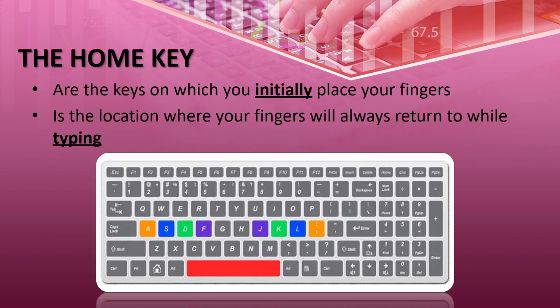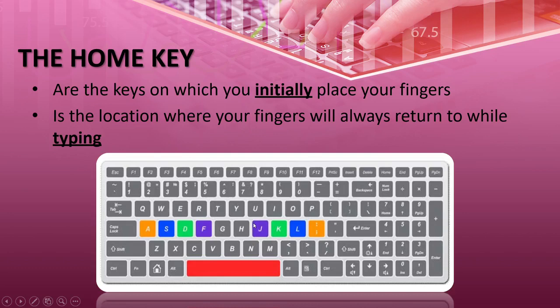For example, we are typing something. First of all, we initially have both hands in the home row, but then we move to the top row. Then we finish our work on the top row and move again to the home keys. Are we understanding that?